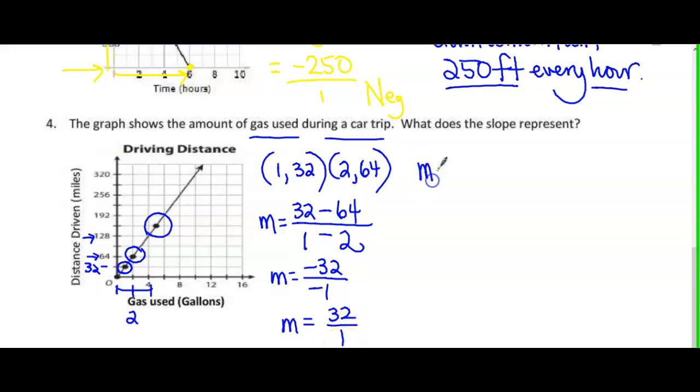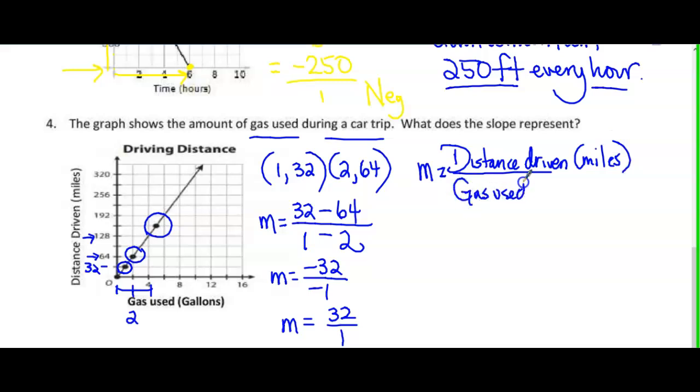I'm going to make sure I know what my y's are. This is distance driven in miles. On the bottom is gas used in gallons. Now remember, this slope is positive, so I need to use a positive word when I'm describing it.